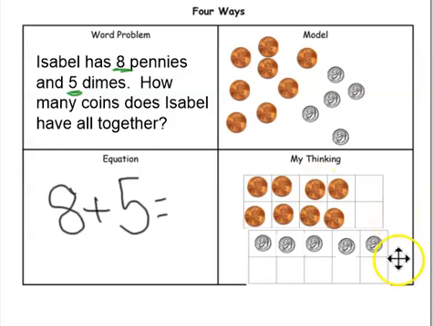Now, when I'm thinking here, my thinking is that if I make 10, so if I have 8, and I move 2, I'm going to erase that so that's a little bit clearer.